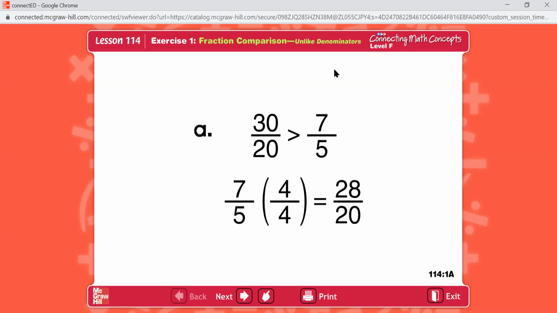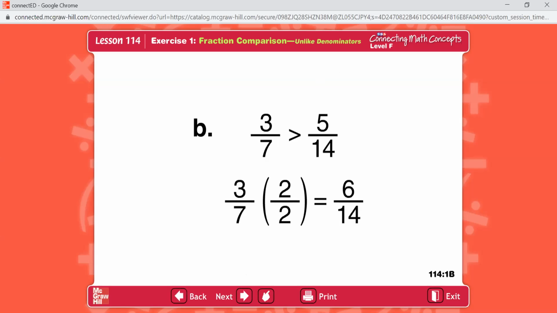You changed it to 14ths because the other fraction you have is 5/14. So, which is more, 3/7 or 5/14? The answer is 3/7. 3/7 is larger.